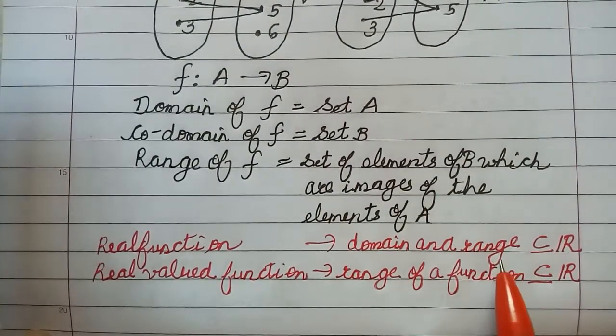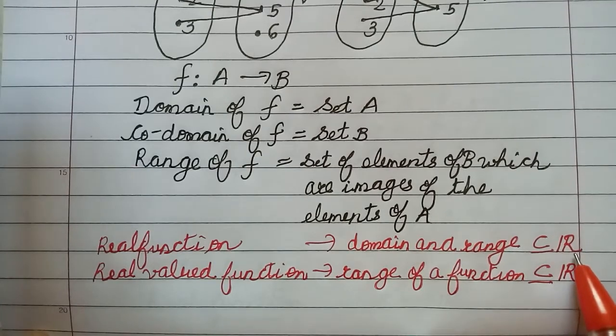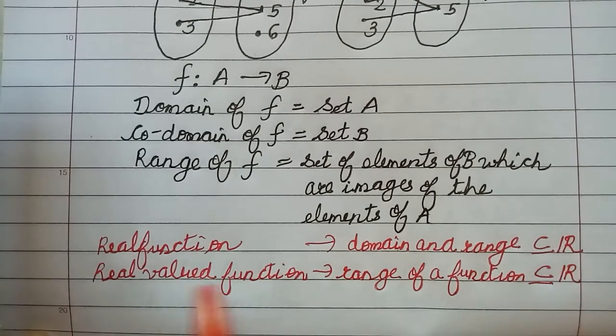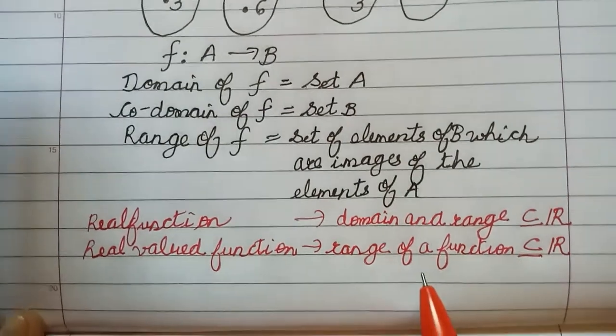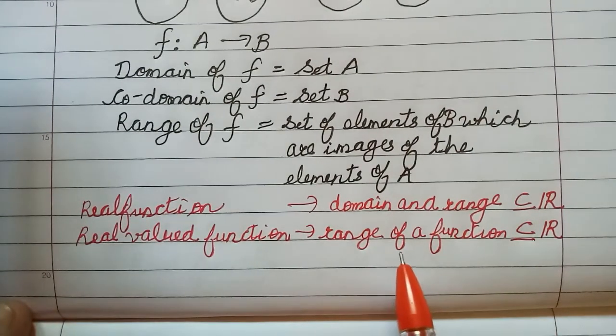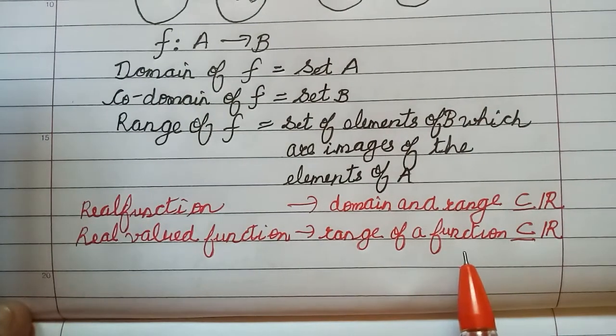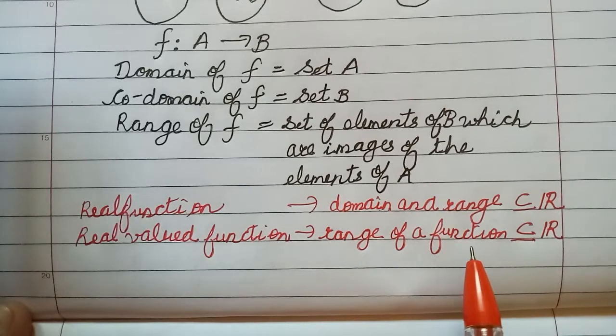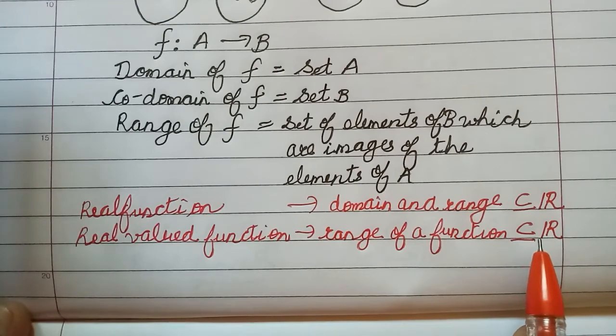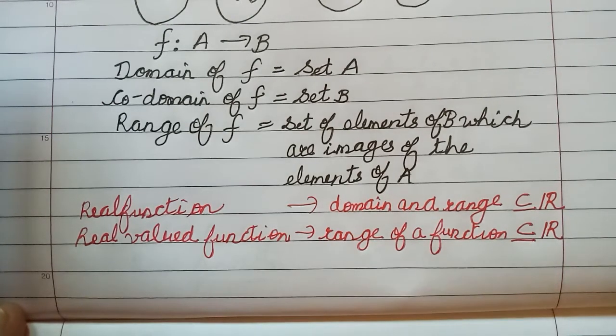If the domain and range of a function is the set of real numbers or a subset of real numbers, then it is a real function. On the other hand, if the range of a function is the set of real numbers or a real number subset, then the function is said to be a real valued function.